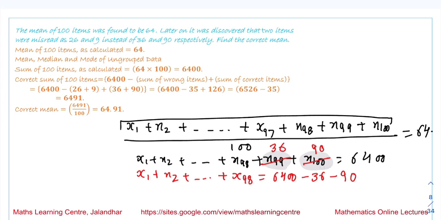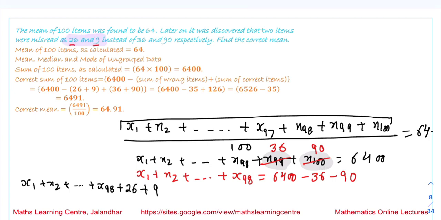Now in place of these, the actual numbers are 26 and 9, so we add these numbers. What we want to calculate is the value of x1 plus x2 and so on up to x98 plus 26 plus 9.